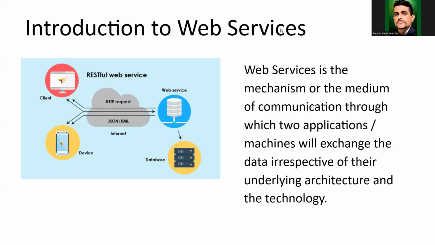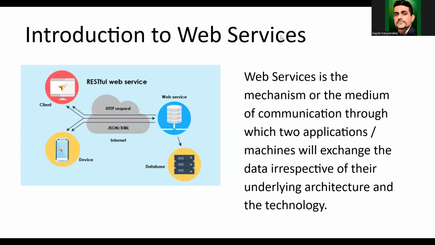Okay, so let's look into these web services. Web services are basically a generic kind of web page. They can communicate between two devices or two applications, like the backend and front end, or backend devices, or backend databases.